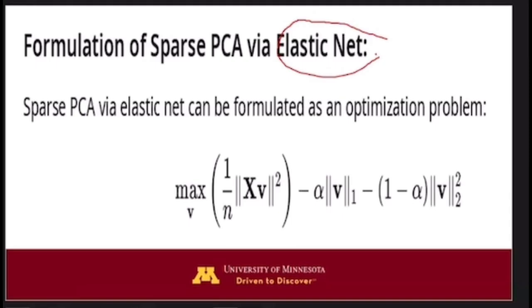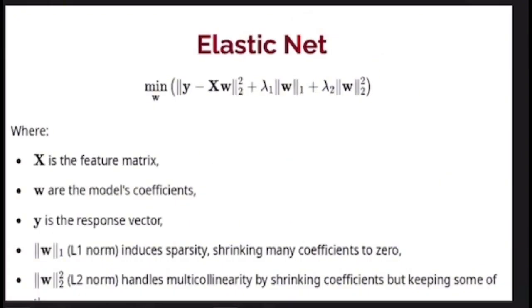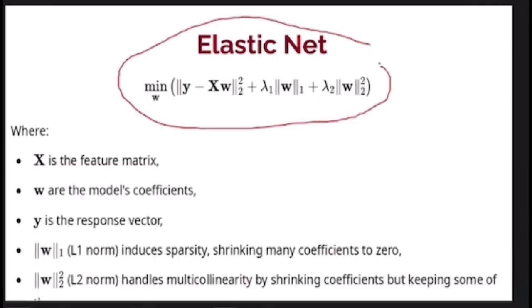So this is going to be more beneficial. And this is the reason why we use elastic net for sparse PCA. Now, this is the regression form of it. This is elastic net regression, that's how I call it in statistics.